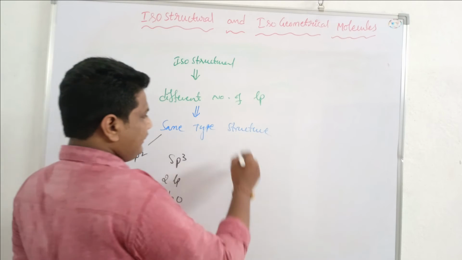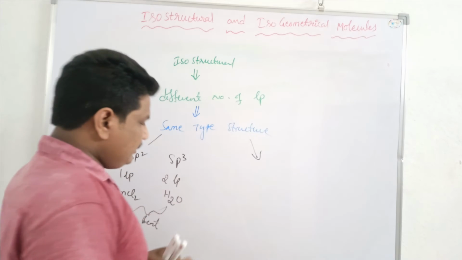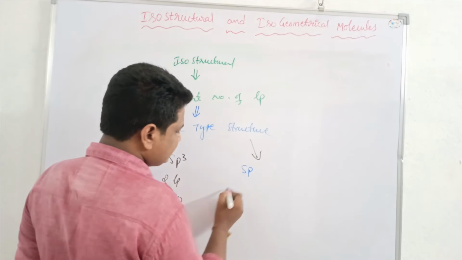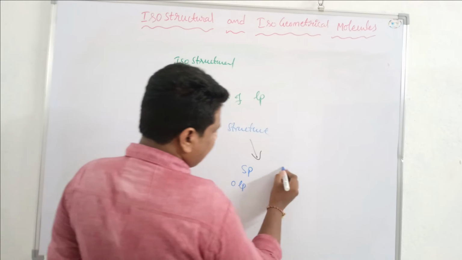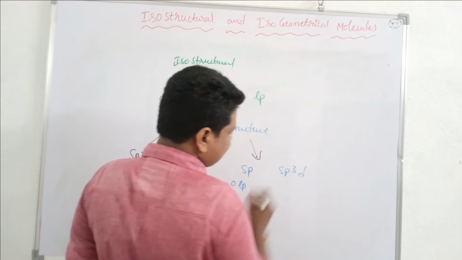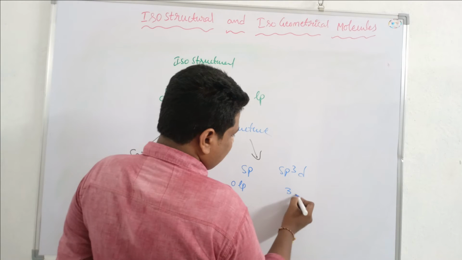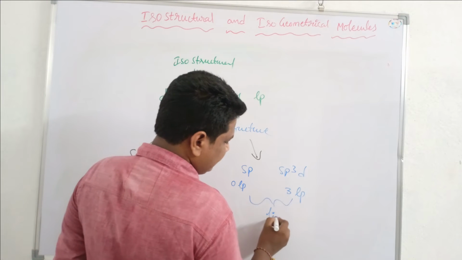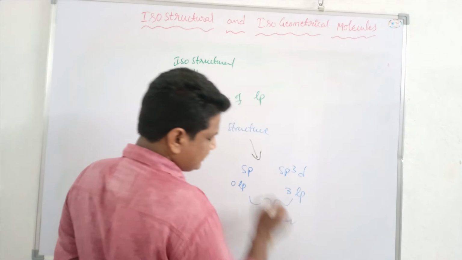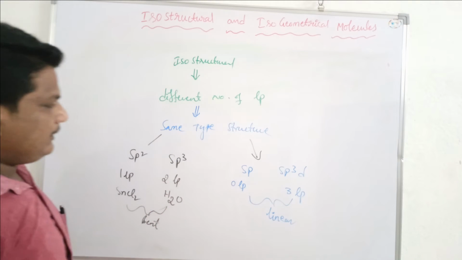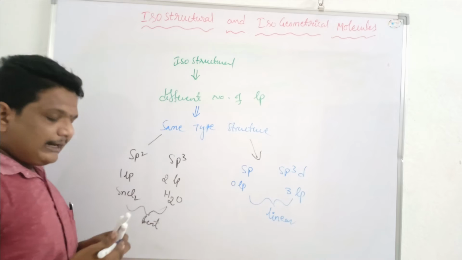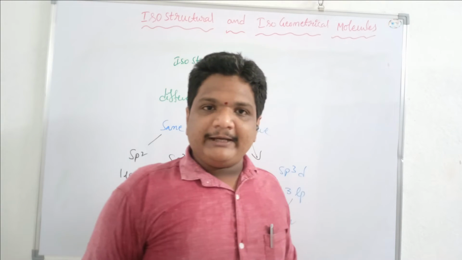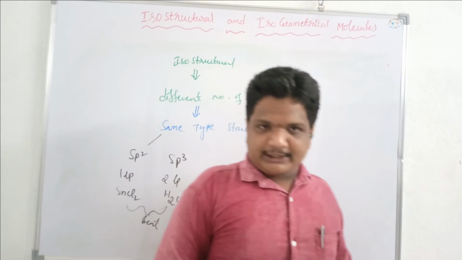In another case that we have observed, that is sp hybridization with zero lone pairs and sp3d hybridization with three lone pairs. In both cases we have a linear structure. Even though they have different numbers of lone pairs, they can exhibit the same kind of structure.